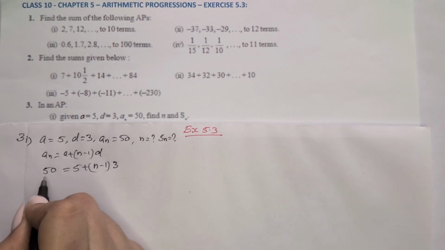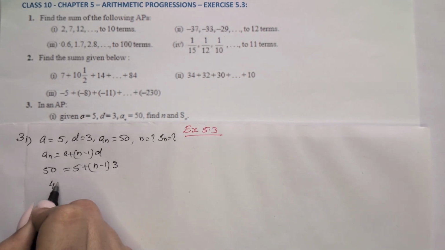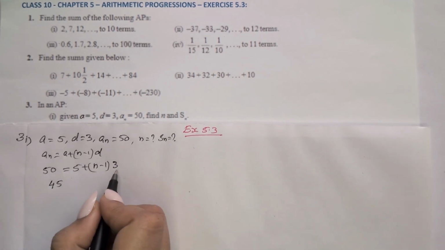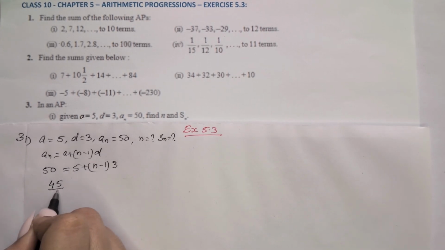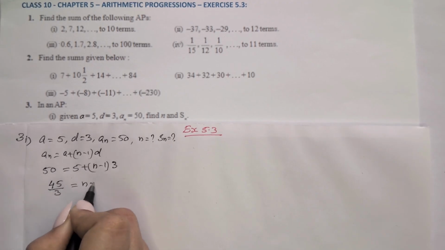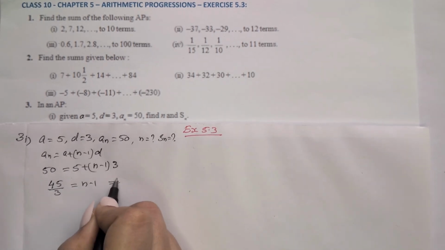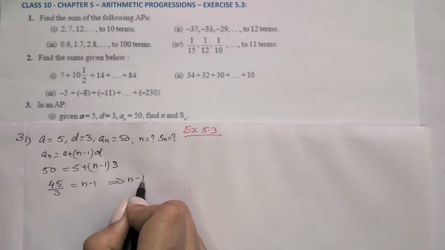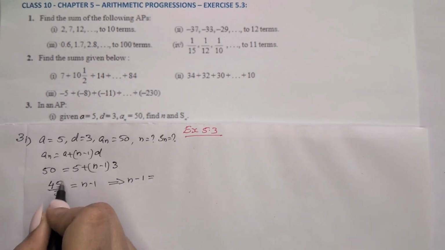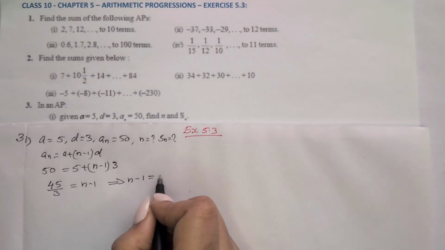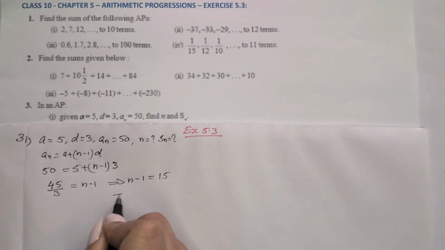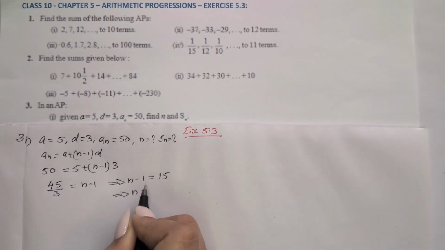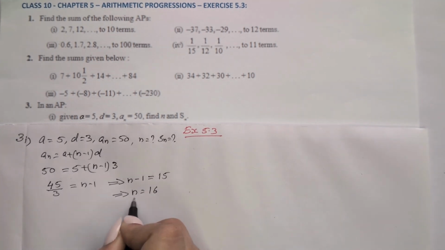Move this 5 to the other side, then it will come 45. 50 minus 5, 45, and divide by 3, which is equal to n minus 1, which implies n minus 1 is equal to 45 by 3, 15. That means n is equal to 15 plus 1, 16. So first part we got.